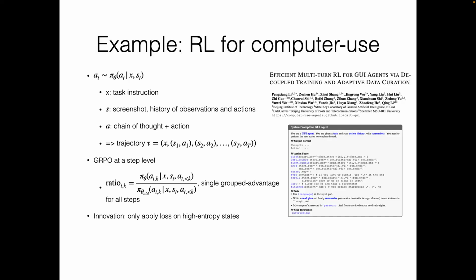In these computer use environments, you could imagine there's a lot of mundane steps, like clicking, dragging, and then there's important ones. And so what they investigated here is trying to get some estimate of the entropy at each state. The entropy is how spread out the distribution is. And then only apply this GRPO loss on these high entropy states.